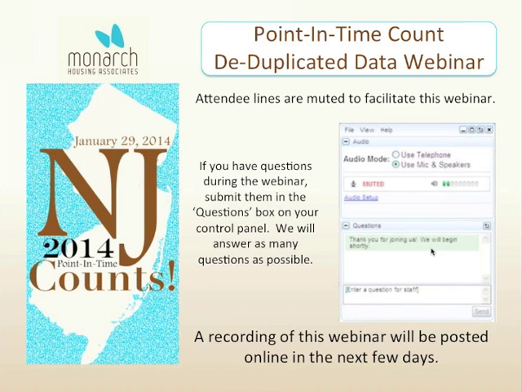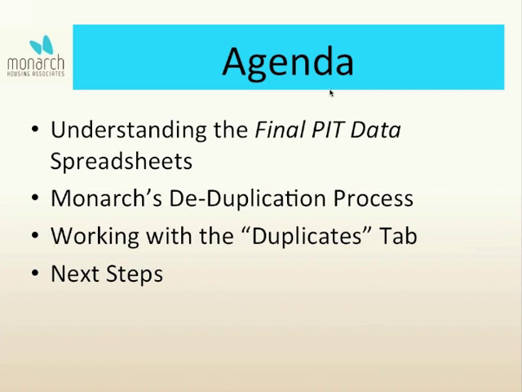Now we are going to move on to a little outline of what we're going to be talking about today. Our agenda is understanding the spreadsheets, and then specifically explaining how we have deduplicated the data so far at Monarch. We had a very specific process that we went through. We're going to go over that and explain why we did what we did.